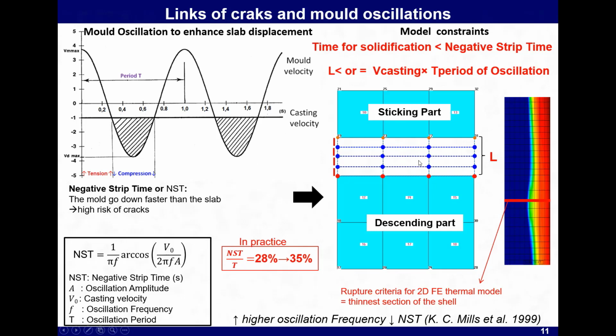And the quantity of liquid that you can insert inside the crack during one period is of course limited by the casting velocity multiplied by the time period. So it's a boundary.